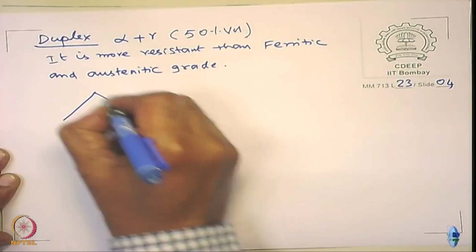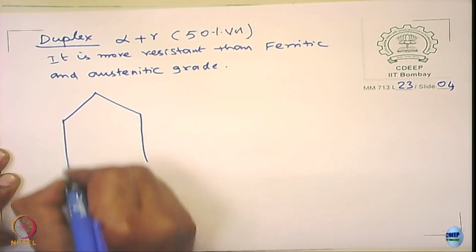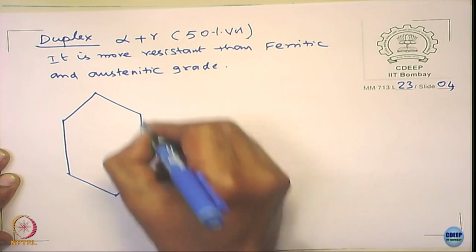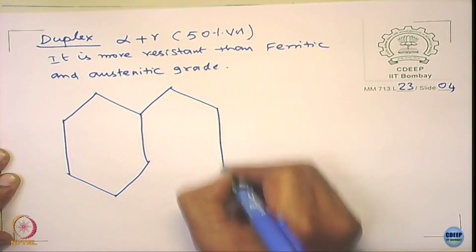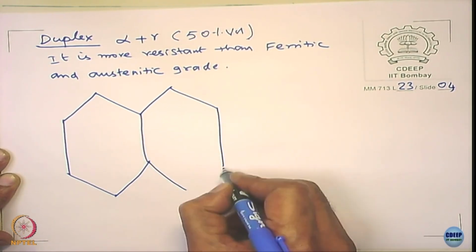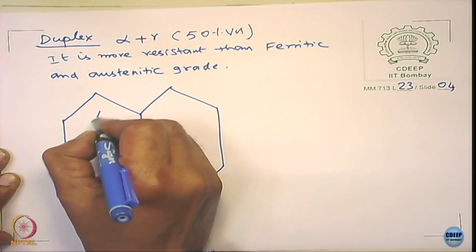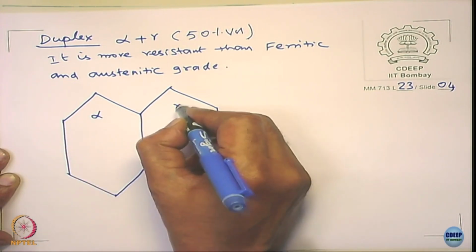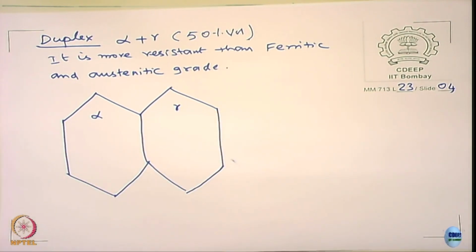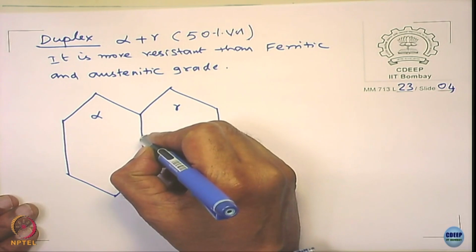Okay. And the reason is not very difficult to understand actually. Let me draw some diagram. So, this is an alpha phase and this is the gamma phase in a duplex stainless steel. The precipitation of the chromium carbide occurs here.